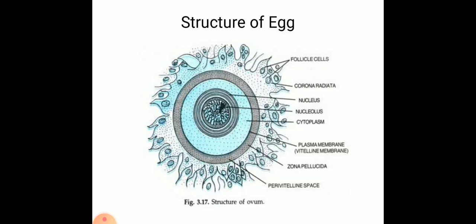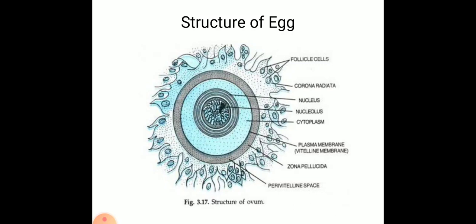There is another membrane, the vitelline membrane, also called the plasma membrane, the inner membrane. The space present between the zona pellucida and the plasma membrane, or vitelline membrane, is called the perivitelline space.